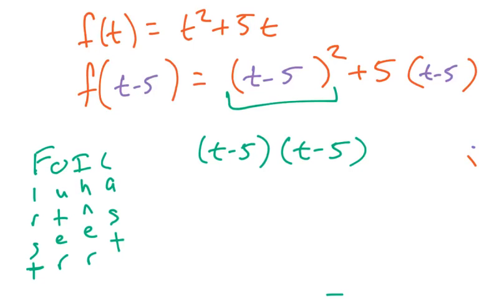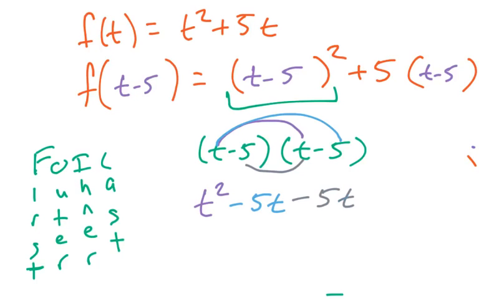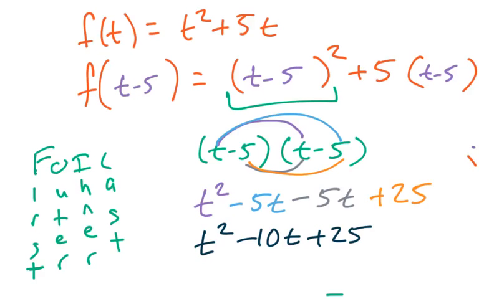So when we FOIL this, we get first is t squared, outer is negative 5t, inner is negative 5t, last is positive 25.